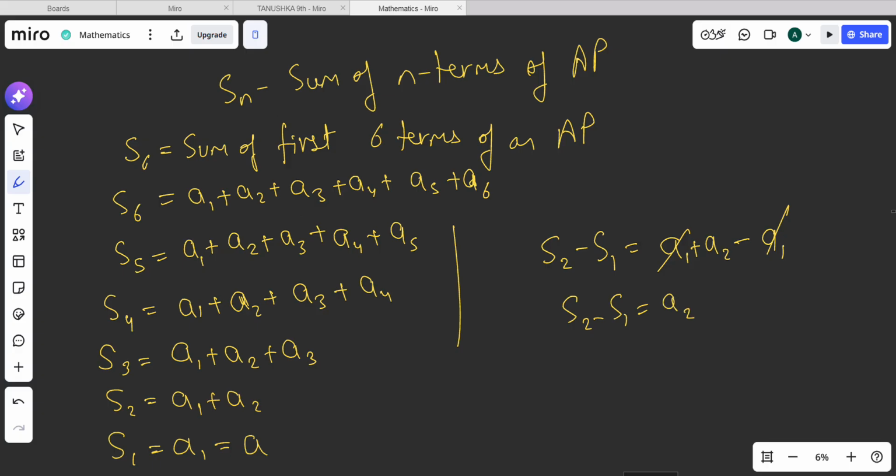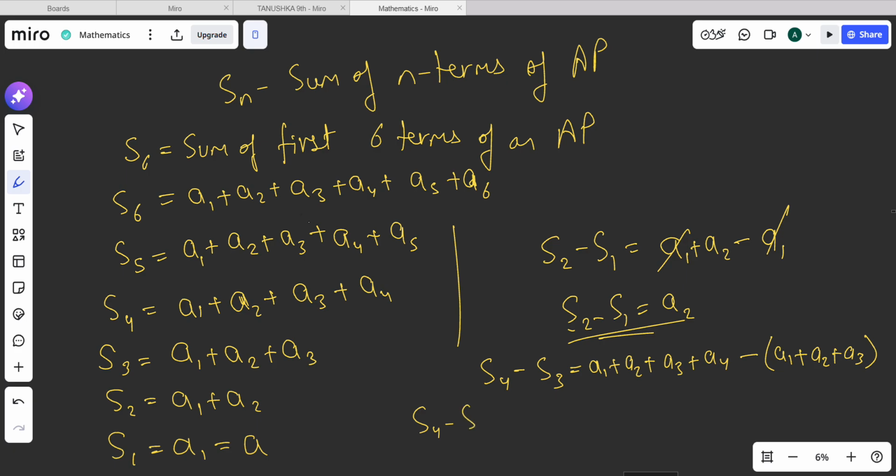And this can go on. If you do S4 minus S3, you will get the fourth term. Let me show you how. S4 is A1 plus A2 plus A3 plus A4 minus S3, sum of first three terms, which is A1 plus A2 plus A3. Let's open up this bracket.